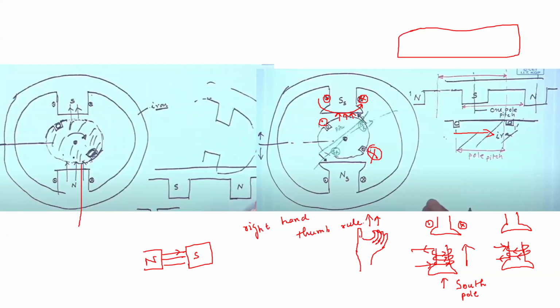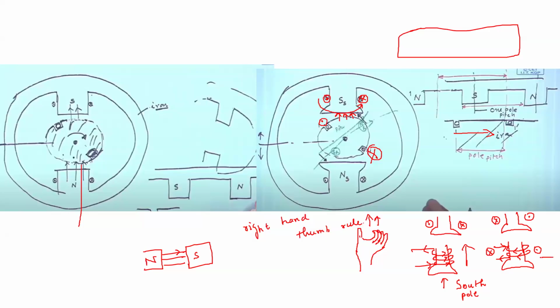If you again use your right hand thumb rule, in this case you will see that, because here it is dot and here it is cross. Because here it is dot, your current is coming out of the plane, or your copy or computer screen, and cross means current is entering the computer screen. So if I place my right hand like this, it will be happening something like this.